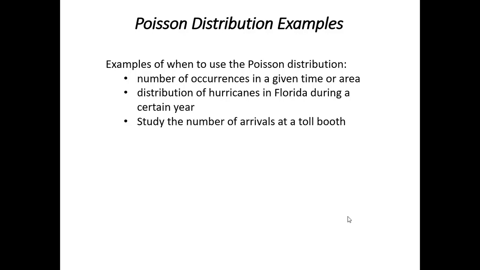Another one might be the number of arrivals at a toll booth over a certain period of time. It could be the number of arrivals in a minute or in an hour. And you could also use the Poisson to study the number of hits a website gets, let's say, in 1 minute.